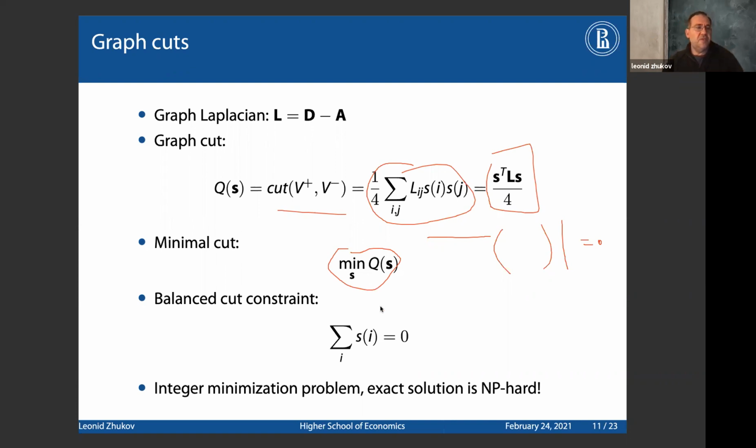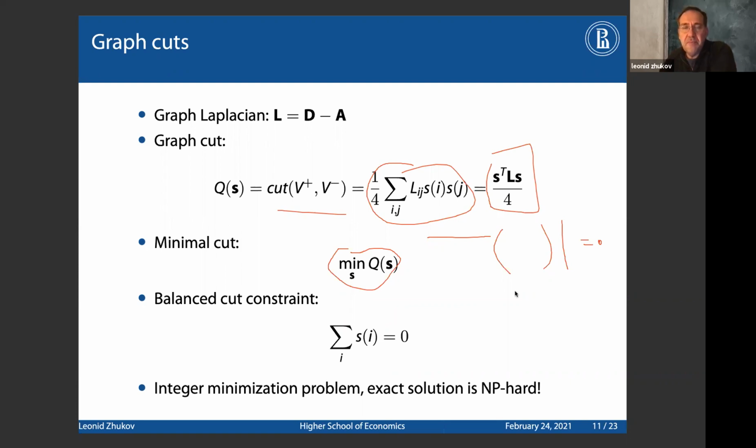Now, what we also want is to have, for example, a balanced cut. Balanced means we want the size of each partition of the graph to be approximately equal.